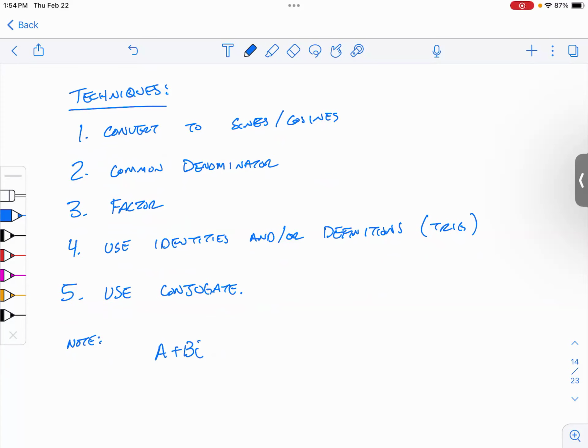If I have a complex number, a plus bi, the conjugate of that, and in this case, the complex conjugate, is the exact same thing, but the opposite sign. And again, sign, S-I-G-N.